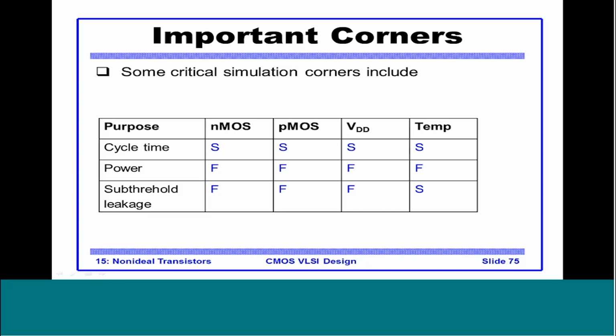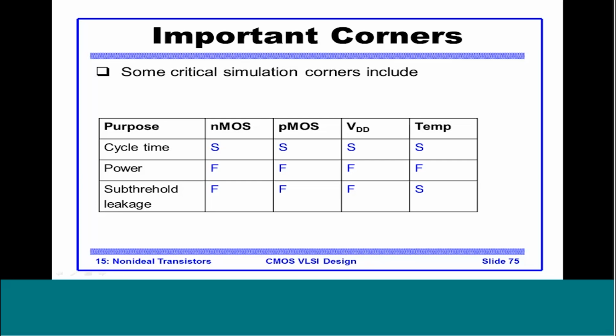What about power? Power will be more whenever the devices are fast, that is they have low VT, when the VDD is higher, because power again depends on VDD, and when the temperature is on the lower side. So we say that we want to test power of the chip at a corner where all these parameters are at the F value, that is they result in a faster device.